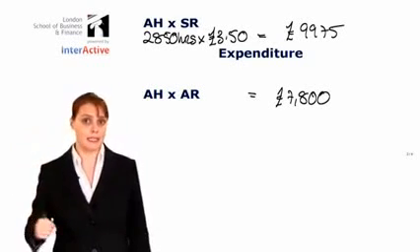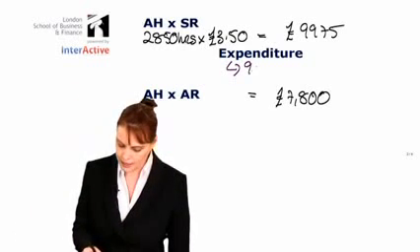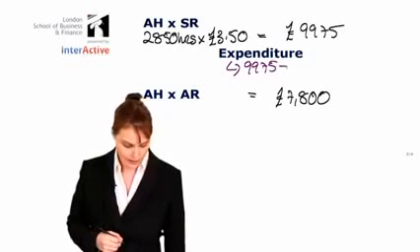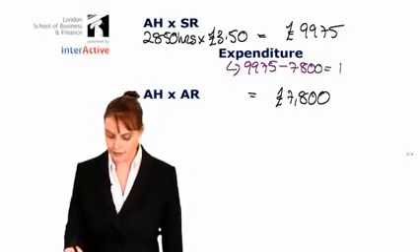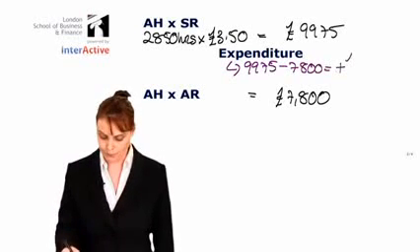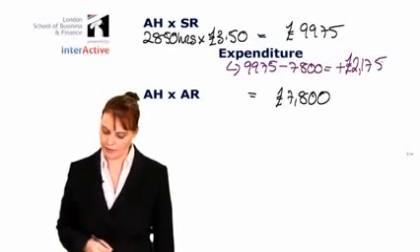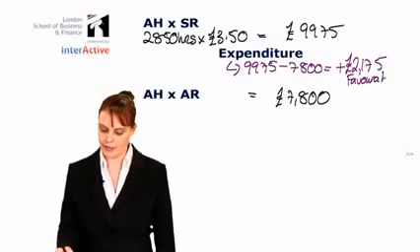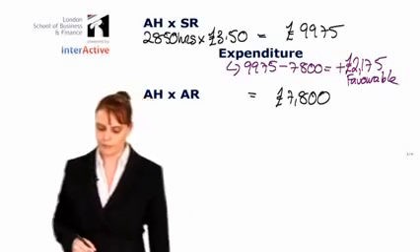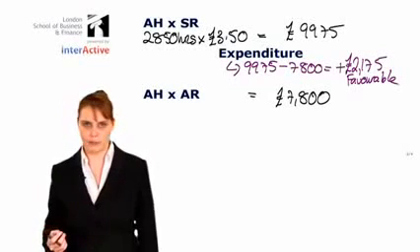So top figure minus bottom figure to calculate our variance. We get 9,975 minus 7,800, giving us a positive figure of 2,175. It is a positive figure, so we have had a favourable variance. Our variable overheads have cost us less than expected.